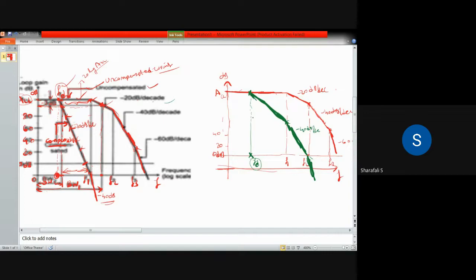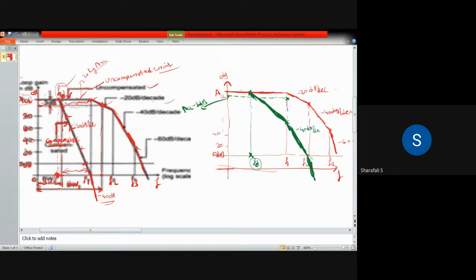So what is happening here is that our first break frequency is reduced. Where will the corner frequency come? We take this point as the maximum gain minus 3 dB. Corresponding to that, whatever the frequency is will be your corner frequency.